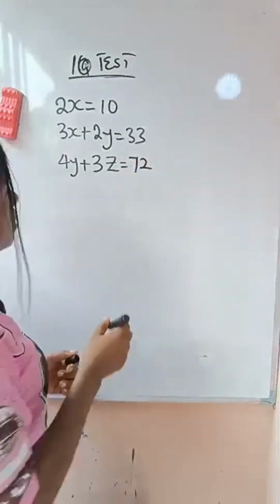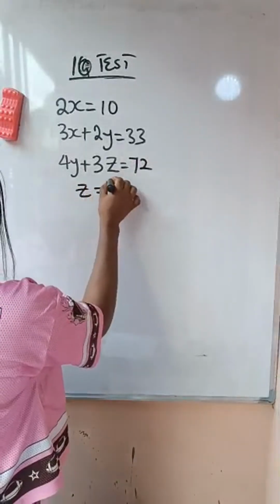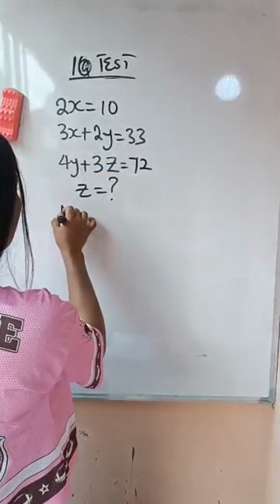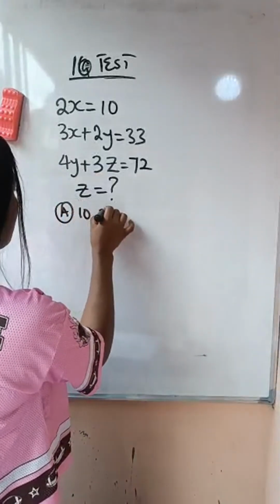Now the question says, what is the value of z? Option A is 10.